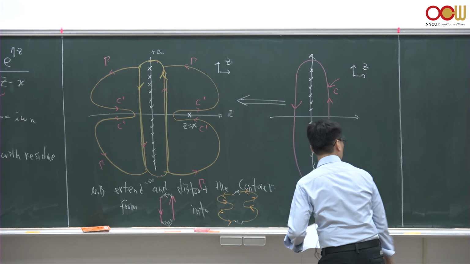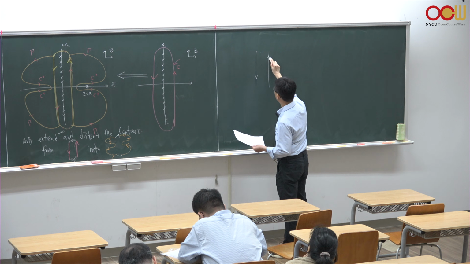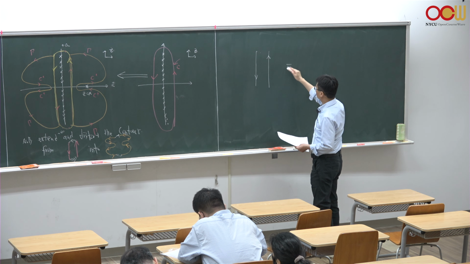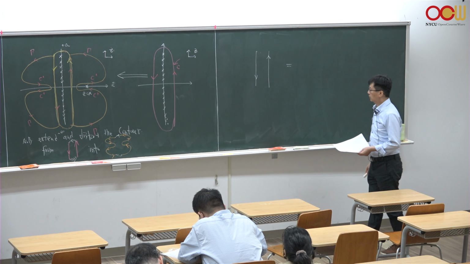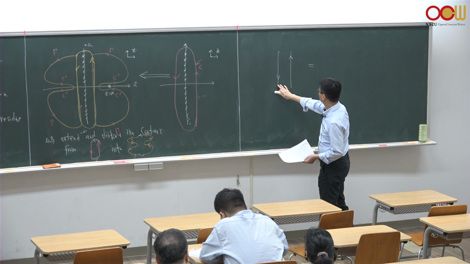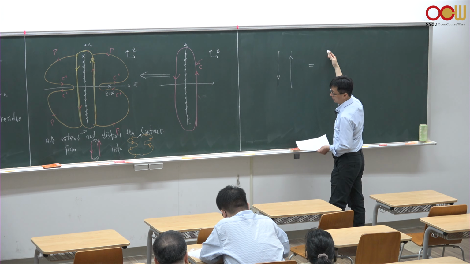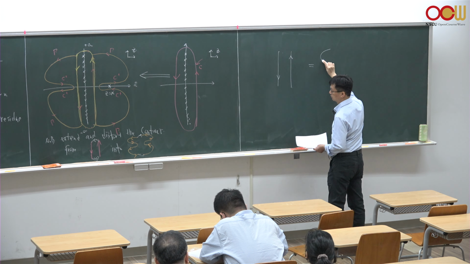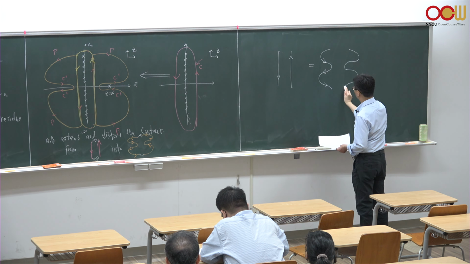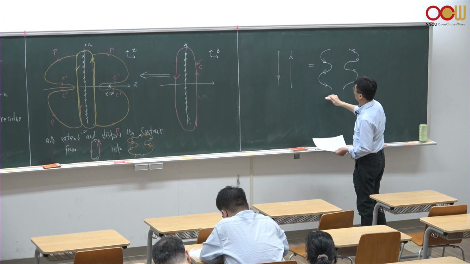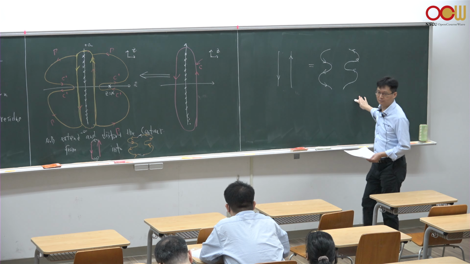So let me just plot it right here. Suppose I have these two vertical lines right there, and I can simply deform, by complex analysis, these two vertical lines further, distorted in whatever shape I like, right? So if you stretch these two curves, you get two vertical lines.